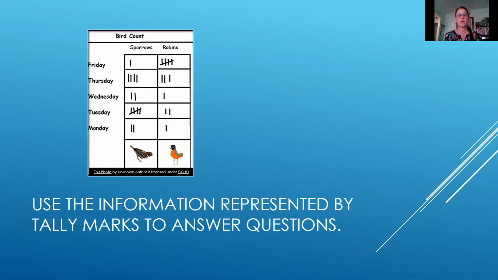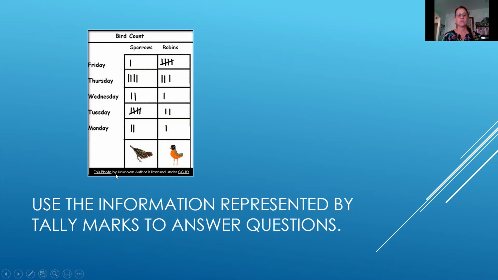All right, so here's another example of a graph where they used tally marks to show information. As you can see by the pictures, there are 2 birds. The first one over here is a sparrow, and the other one is a robin. On the side, it names days of the week, and it tells you how many birds they saw on each of the different days.